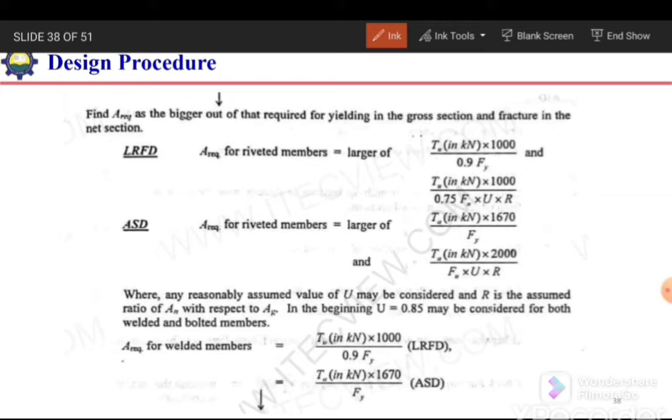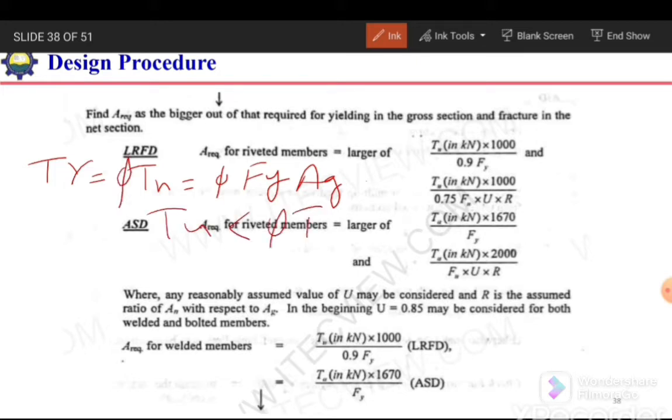To select the trial section, we can estimate the area which is required to resist the applied load. For that, we will again go to the basic equation of the limit state. For example, for tension yielding, we have Tn equal to Fy Ag, and we know the design equation that Tu should be less than phi Tn.